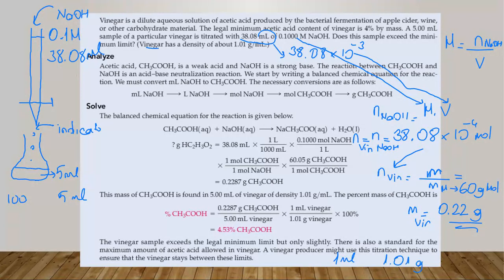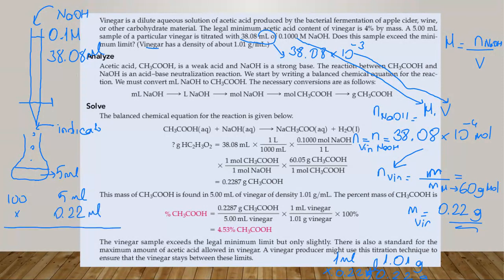So for that 0.22 gram, how many milliliters do we have? We have approximately the same, we write here 0.22 milliliter.